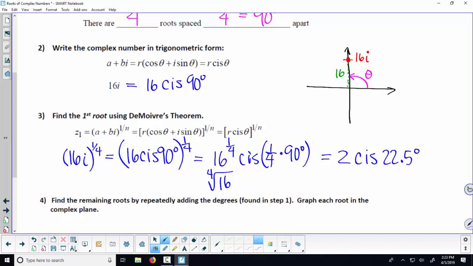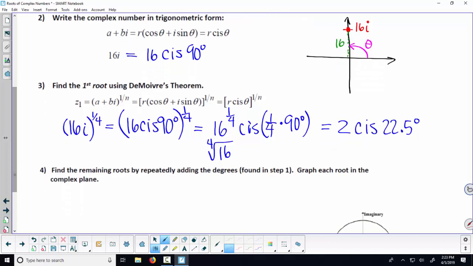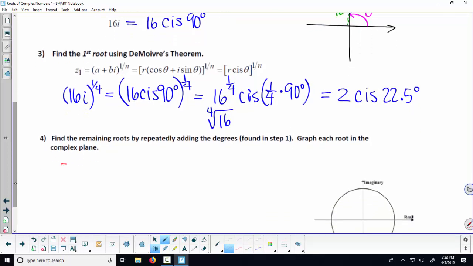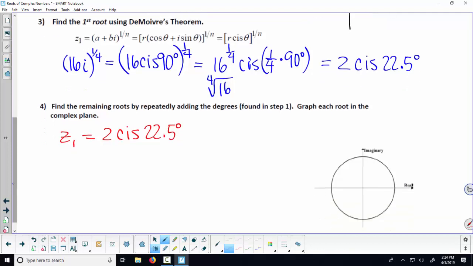So that's the location of my first root. So I can say then that Z sub 1 is 2 CIS 22.5 degrees. So you're going to be asked to find the complex roots and then graph them.